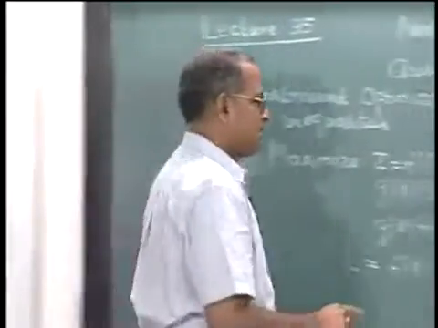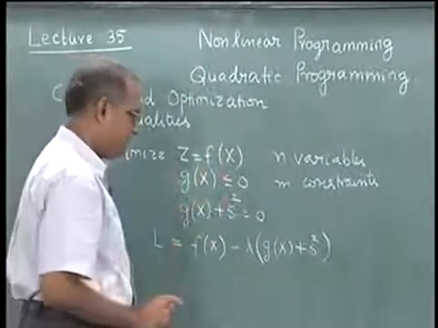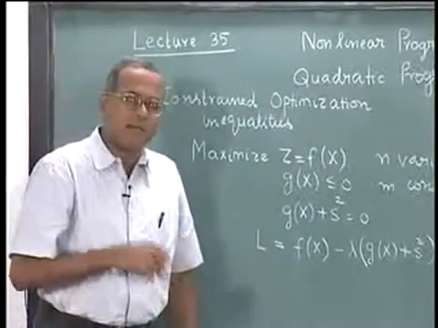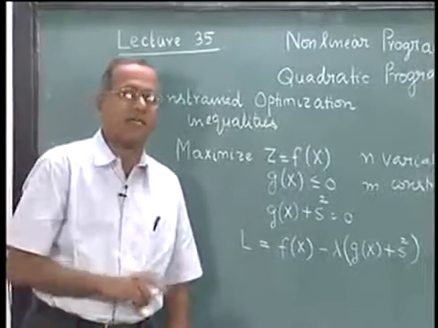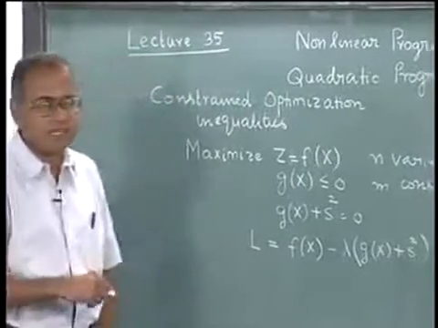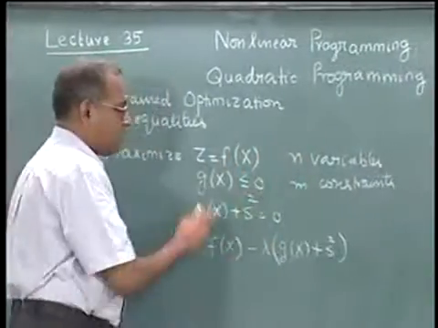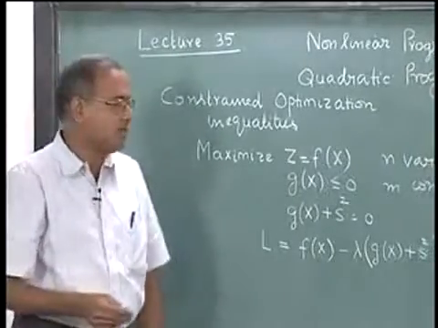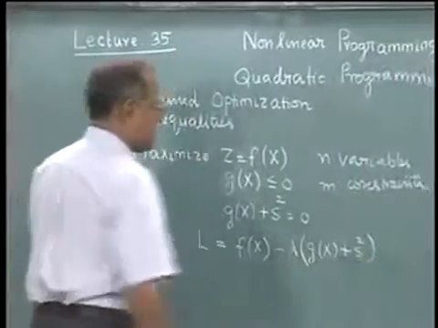So there are three sets of variables: x, which are the given decision variables in the problem; s, which are slack variables. So we will have as many slack variables as the number of constraints, because each constraint is written as g of x plus si square equal to 0. And then we take it into the objective function by introducing lambdas. So we will have as many Lagrangian multipliers as the number of constraints. So we have this L, which is the Lagrangian function.